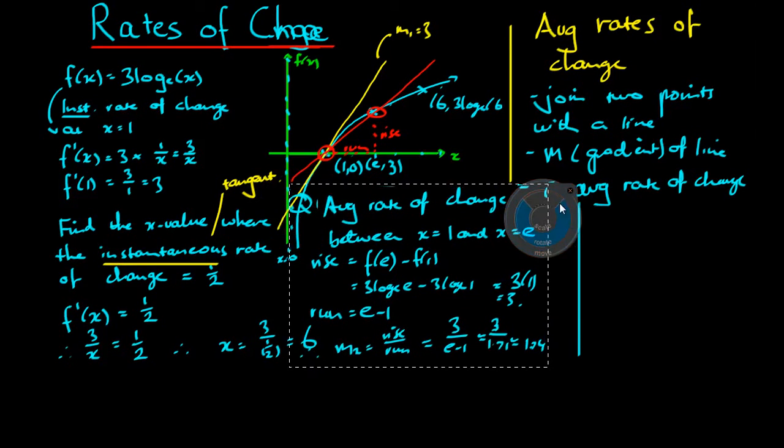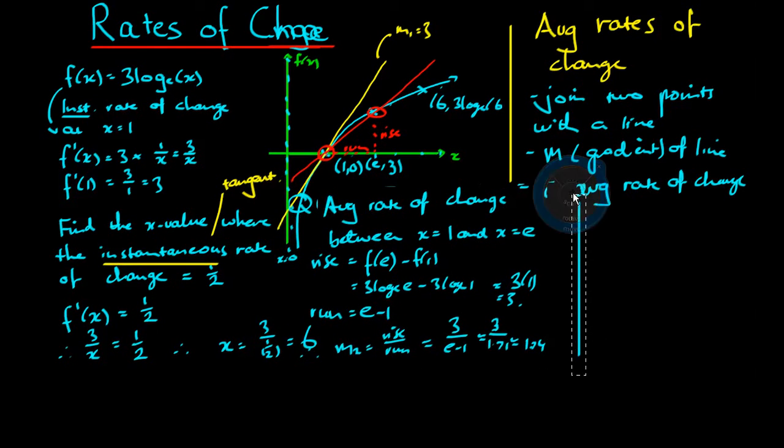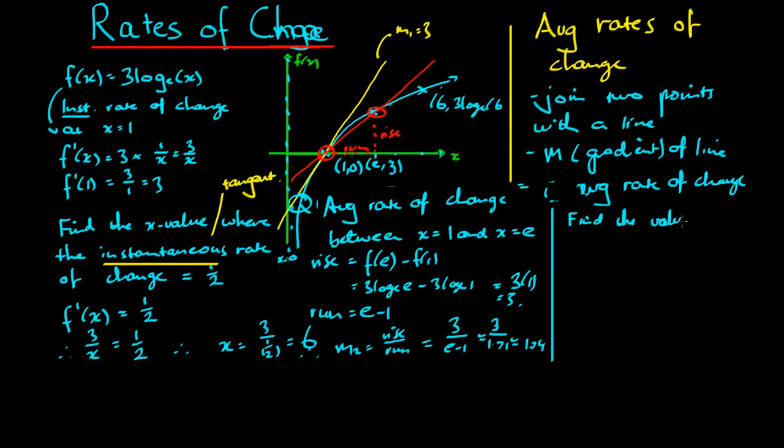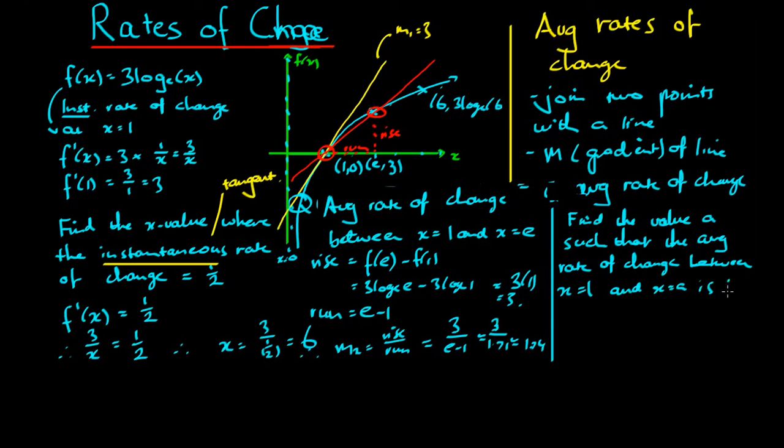A question that could be asked in relation to average rates of change is, find the value a, such that the average rate of change between x equals 1 and x equals a is 1.